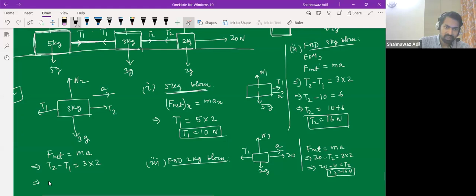T1 we have already calculated as 10 Newton. So this is 10 and this is 6, so T2 is 16. Clear now? Then please note it down, everyone.